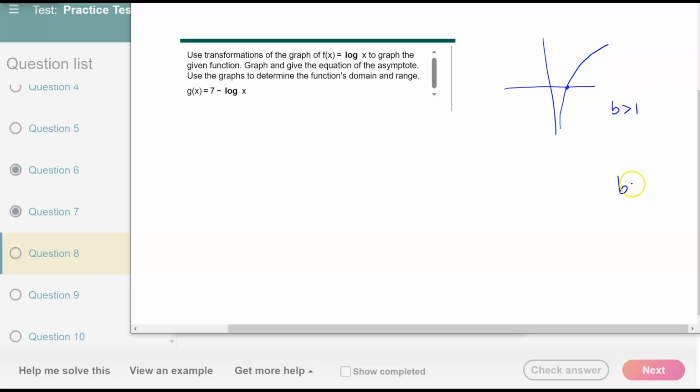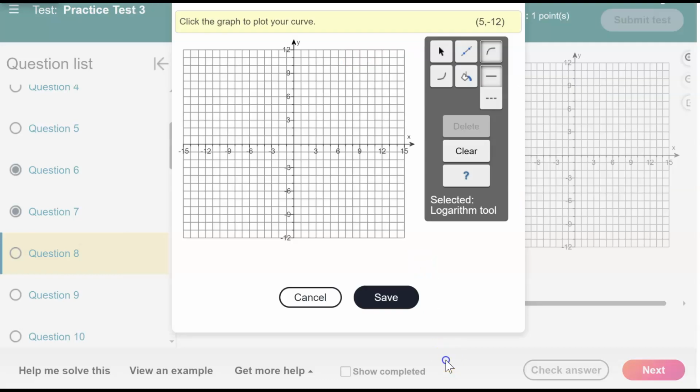If the base is greater than 0 but less than 1 for logarithms, you will have a decreasing function that would look like this. Now in this case, it is this one. It's an increasing function because the base is 10.